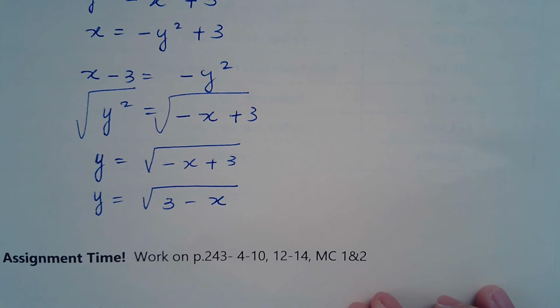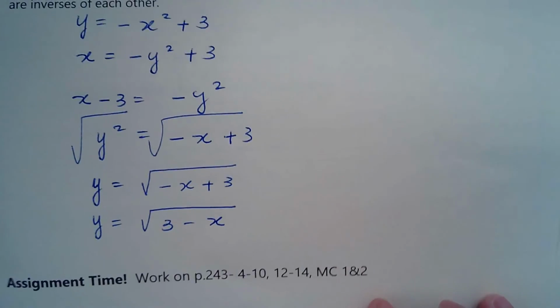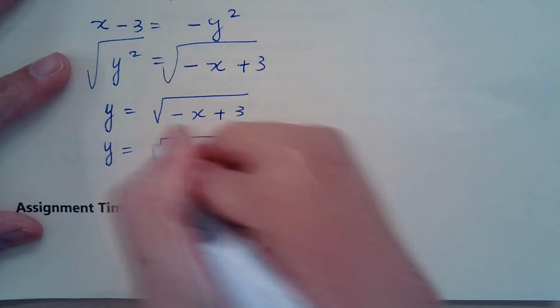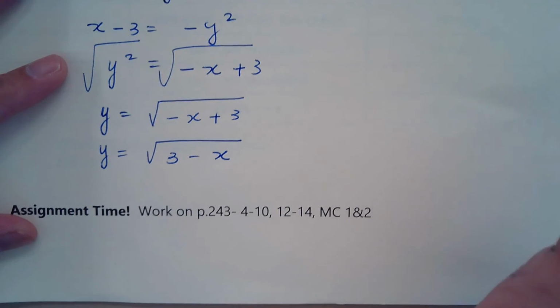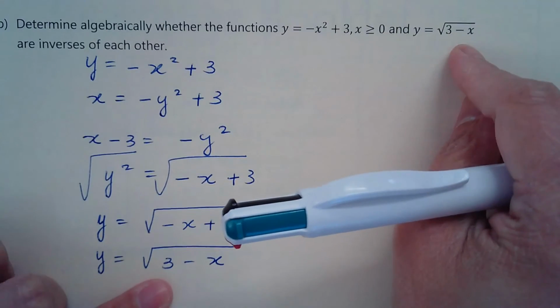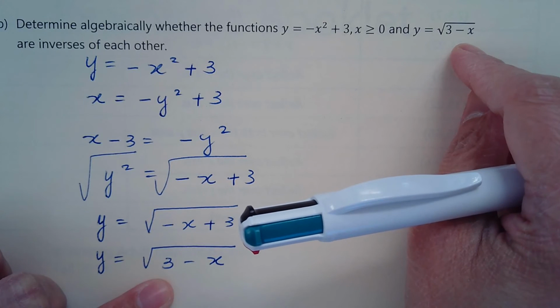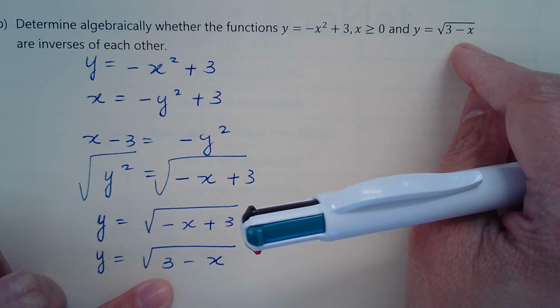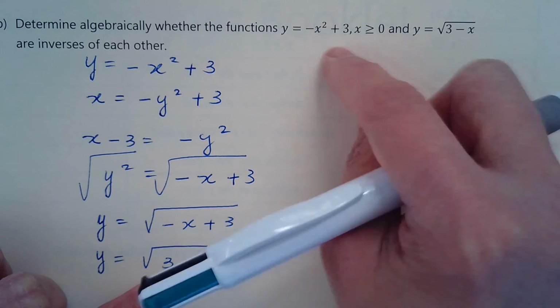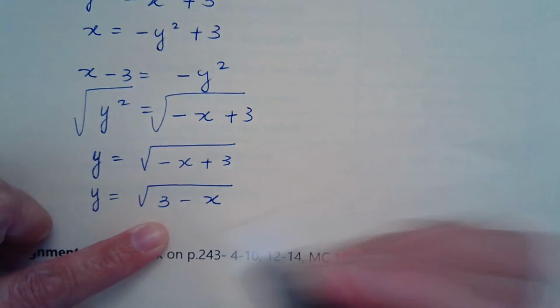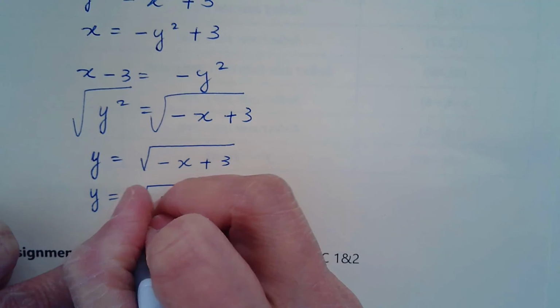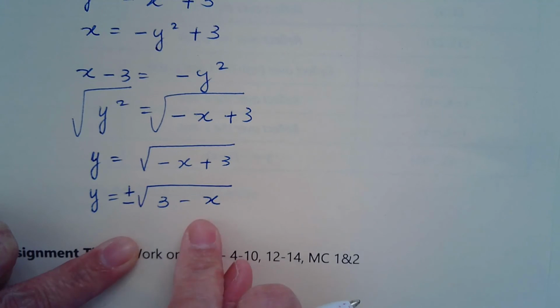So, yes. It looks like they're inverses of each other. Determine algebraically whether the functions are inverses of each other. So this one here, it looks like it matches, right? But this one is supposed to be plus or minus the square root of that.